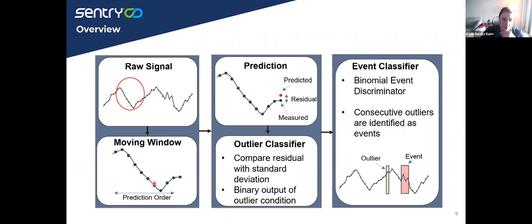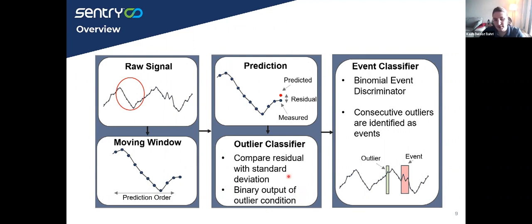In each moving window, we do a prediction, and we then compare the predicted value and measured value, which gives us the residual. This residual is used in the outlier classifier, where it is compared with the outlier threshold, and the output of it will be a binary array. The outliers are going to be 1, and background data is going to be 0.